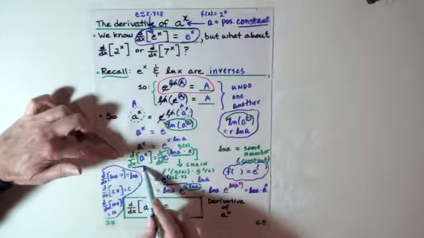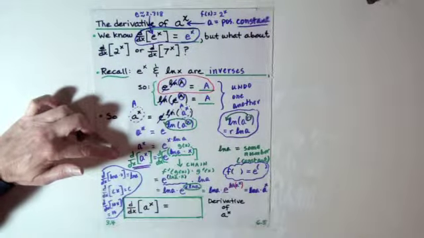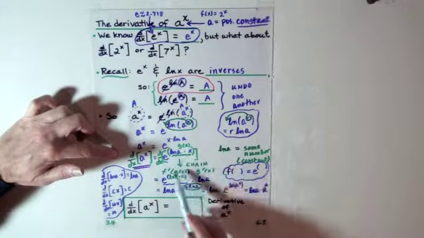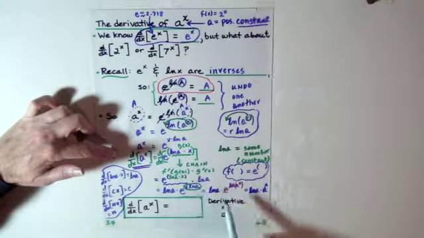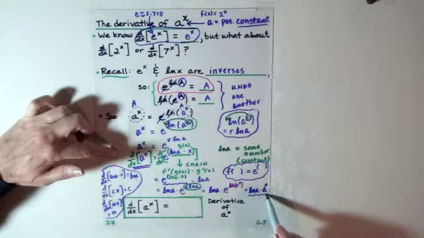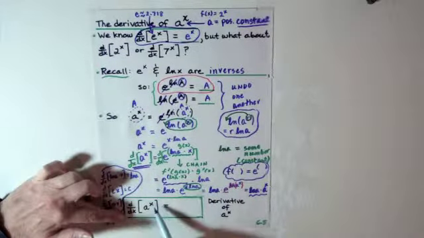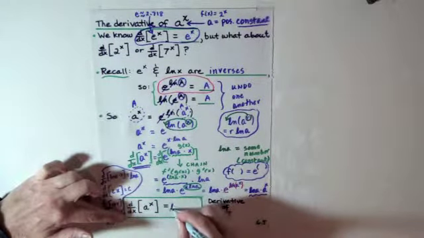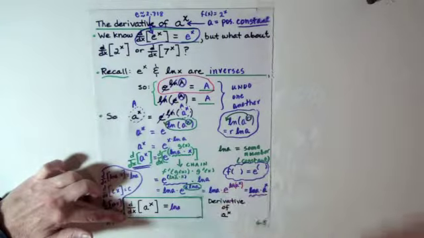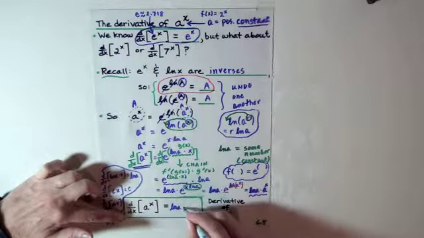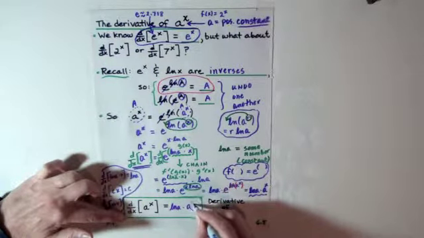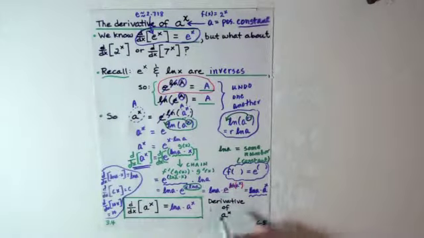If you start out here where we started taking the derivative of a to the x, we said it's the same as the derivative of the right-hand side, and that derivative turned out to be this. So the derivative of a to the x turns out to be ln of a, and that's just some number, times a to the x. That's our formula for the derivative of a to the x.